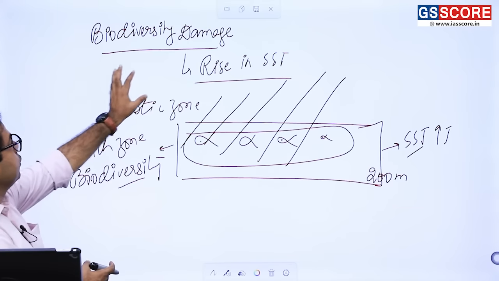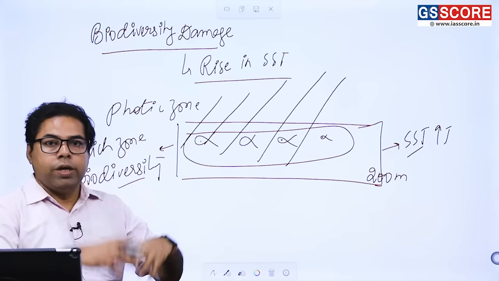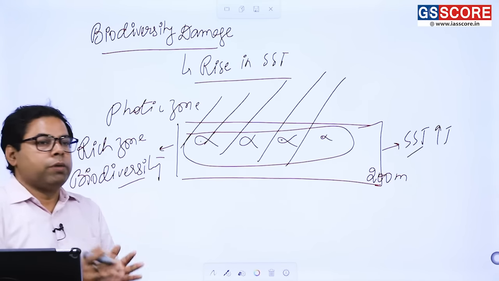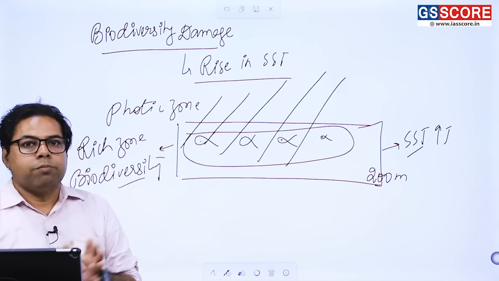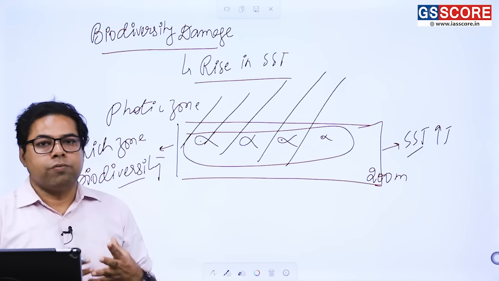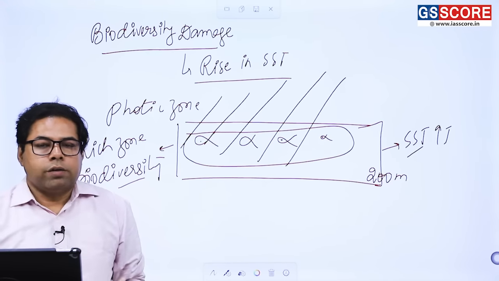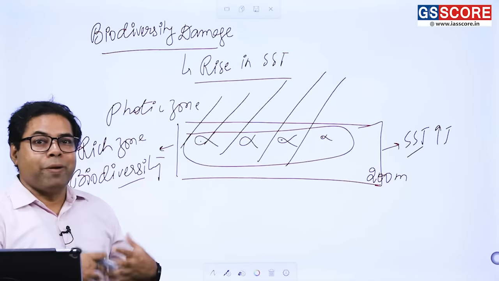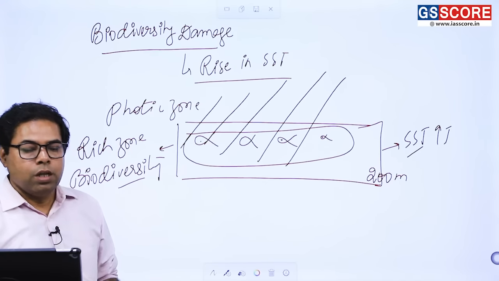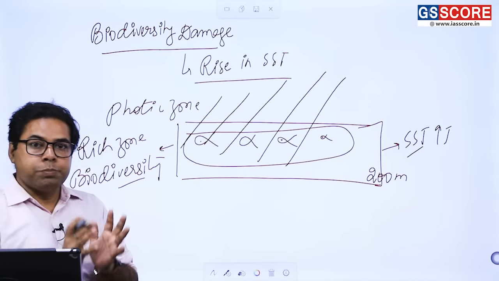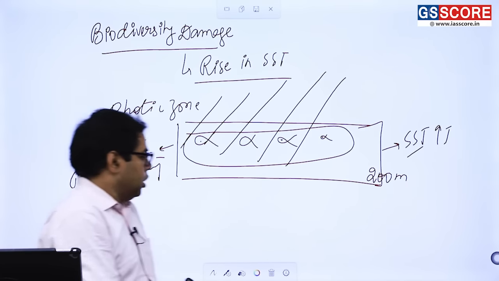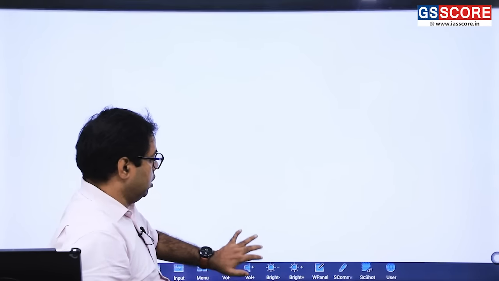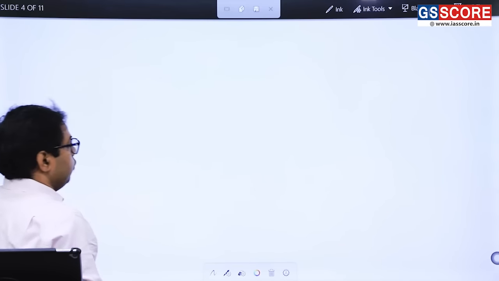So biodiversity shall be damaged at a very large scale in the world. Many countries shall have an impact on their fishing grounds, so this heat wave shall impact the different countries of the world very massively. This heat wave impact shall also change the wind pattern.